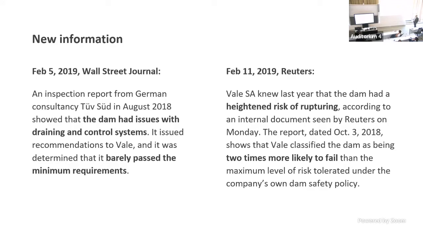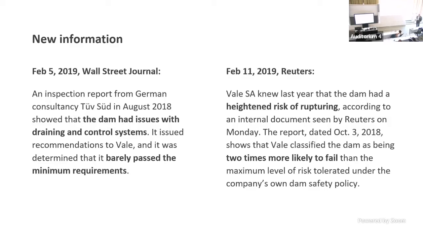Reuters, 5 days later, wrote that VALE knew last year that the dam had a heightened risk of rupturing, according to internal documents. These documents were dated October 2018, showing that VALE classified the dam themselves as 2 times more likely to fail than the maximum level acceptable under the company's own safety policy.